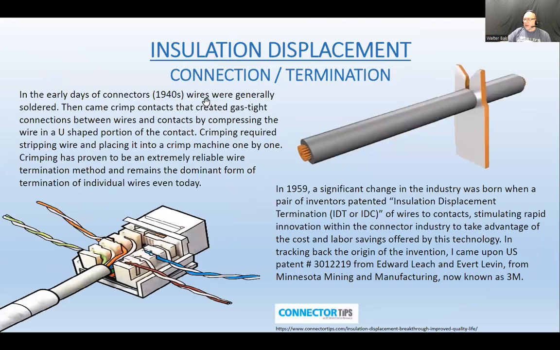Okay. Insulation displacement connection. This is what we do in communications. You can read the history of it. What's an insulation displacement connection? You have a wire that is jacketed.